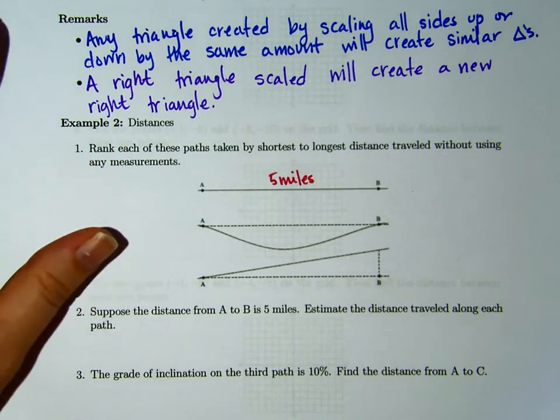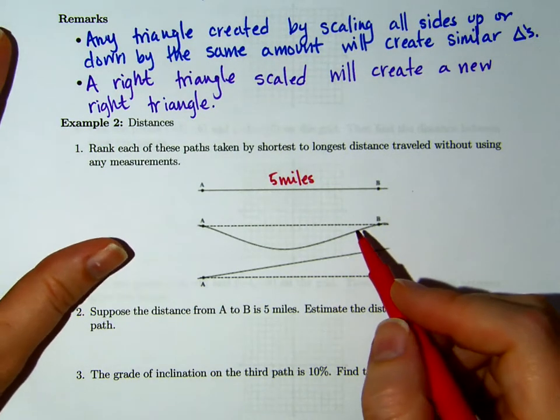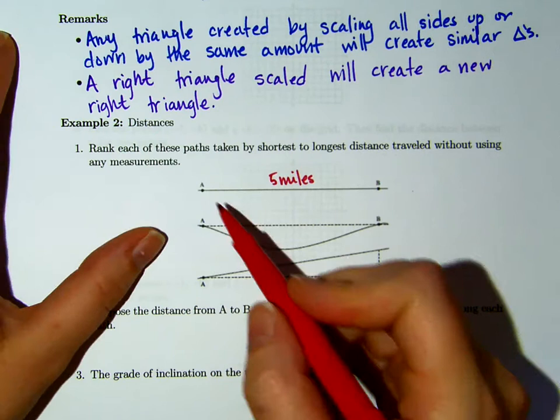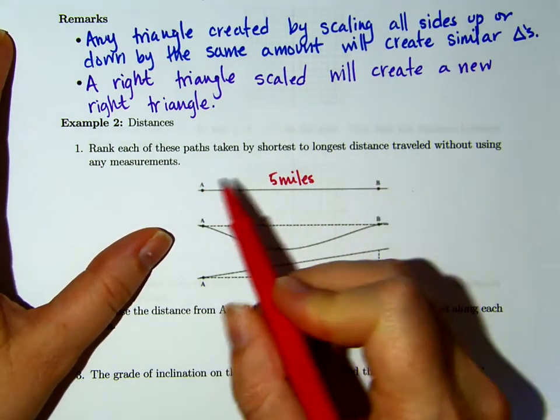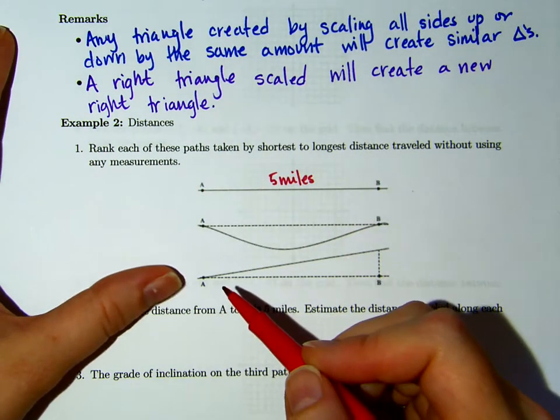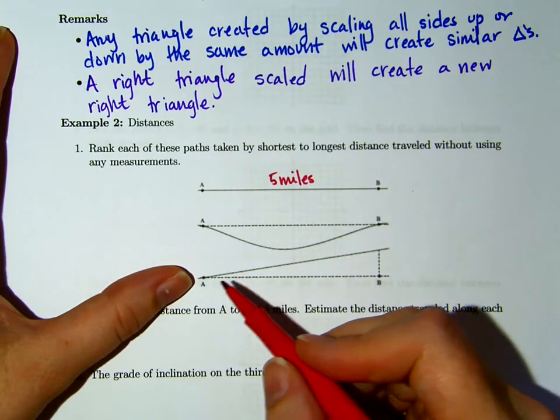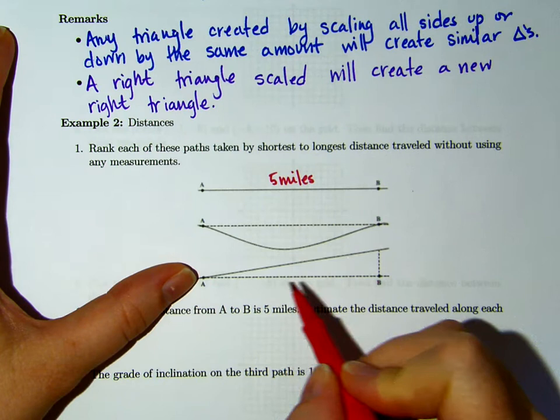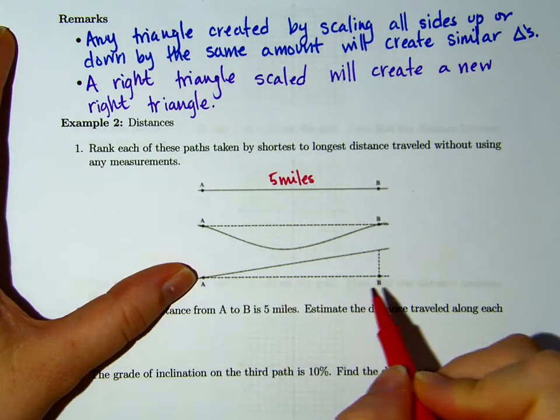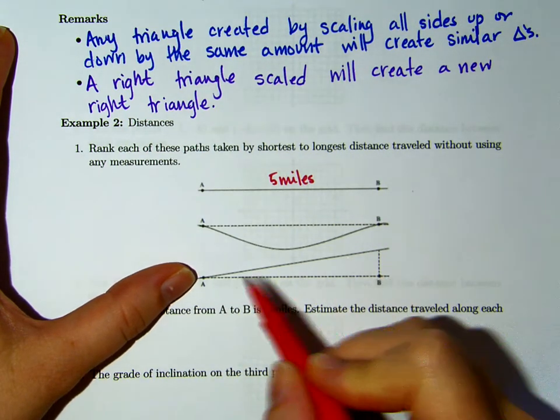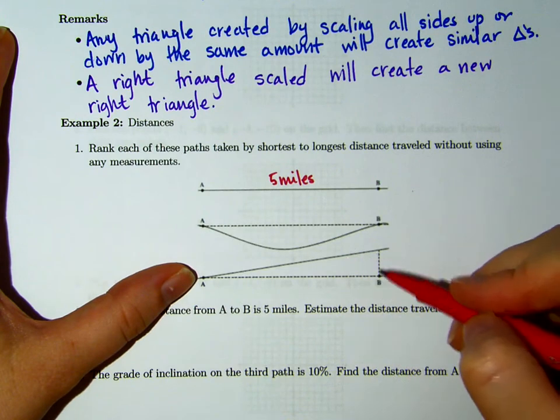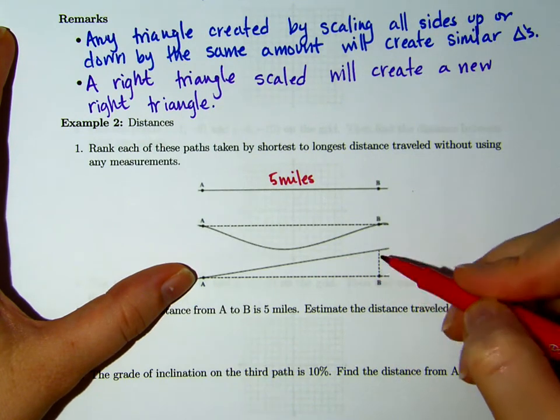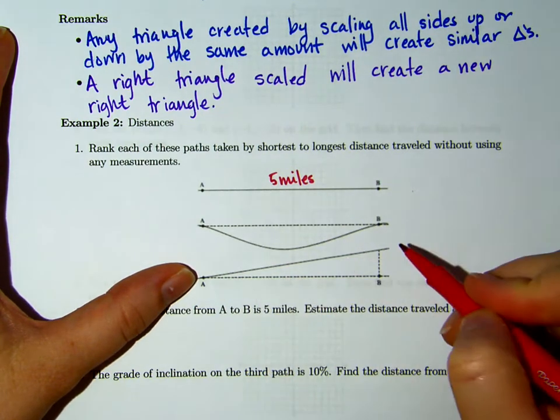And then I look at these other ones and I'm trying to figure out, well, definitely the first one has got to be the shortest distance, mainly because in the last one we know from the Pythagorean theorem that from A to B and then this vertical distance, those are shorter than the hypotenuse.